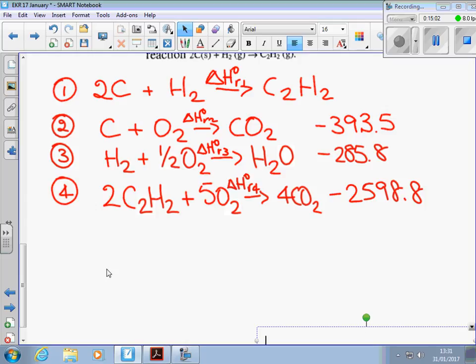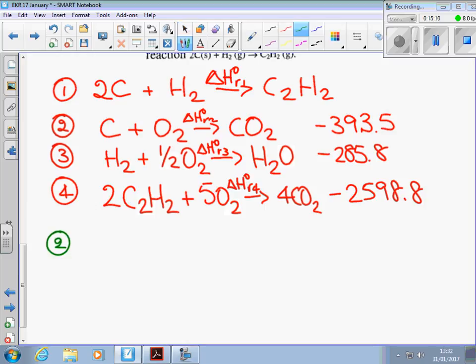Okay, so let's work this through then. Number 2 is going to be doubled up to get the 2 carbons on the left. So we end up with 2 carbons plus 2 oxygens gives us 2 carbon dioxides.